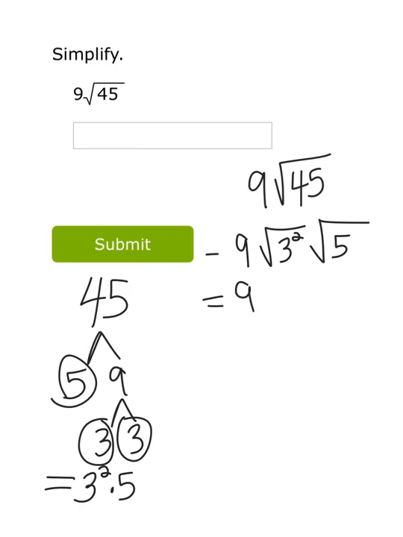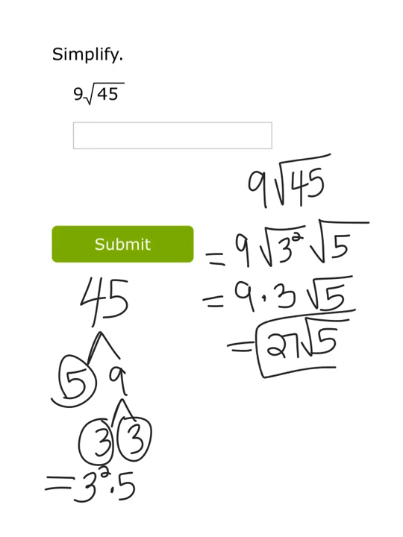So then whenever I go ahead and simplify this, I still have 9 times the square root of 3 squared, which is the same thing as the square root of 9, which is 3. So I would multiply 9 times 3 times the square root of 5. Well, 9 times 3 is 27, so my answer would just be 27 square roots of 5.